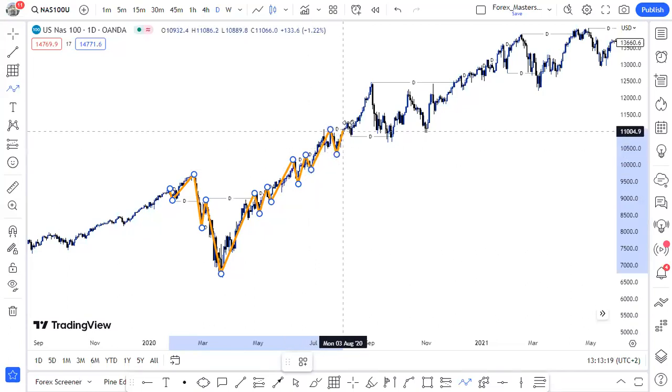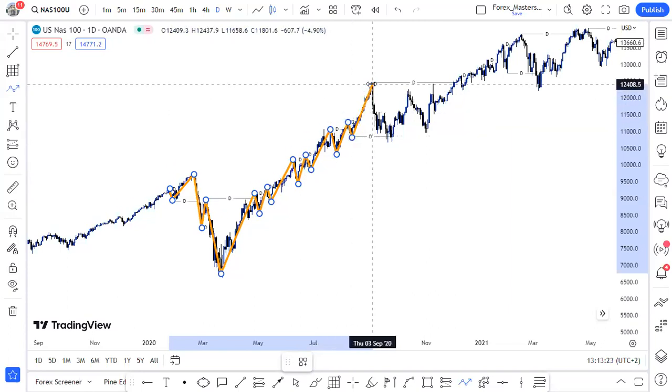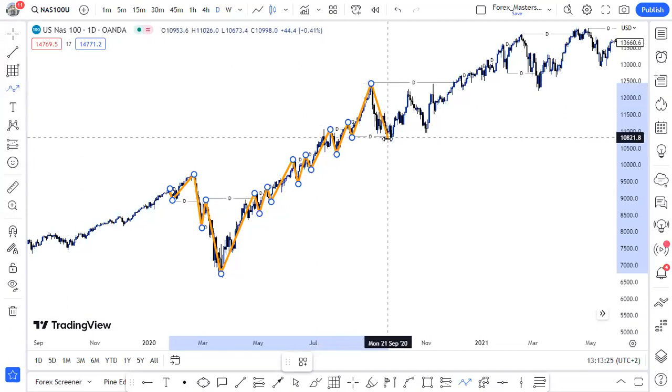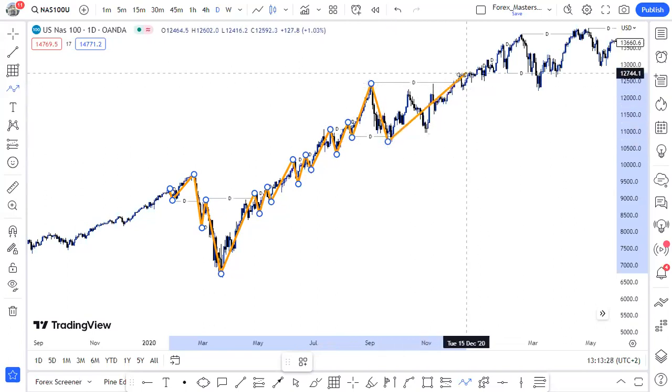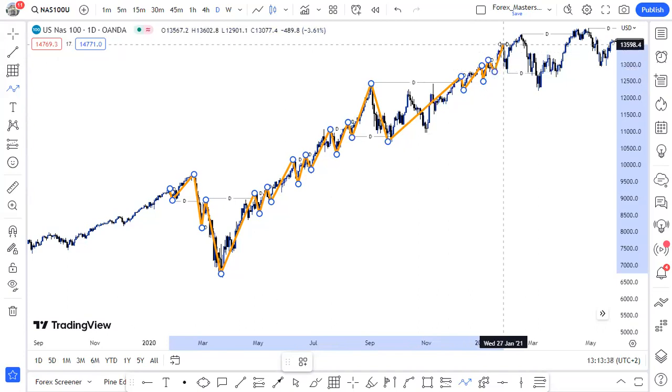There are a lot of variations in how low the market is going to go in a pullback and how high the market is going to go in creating a swing structure. However the market does, the most important thing that we must know is that structure will always vary.